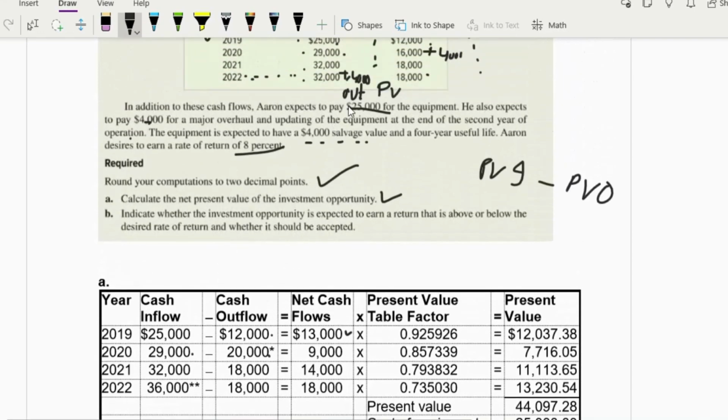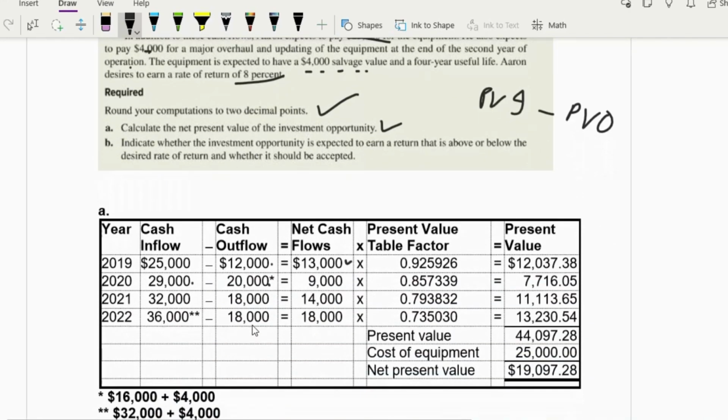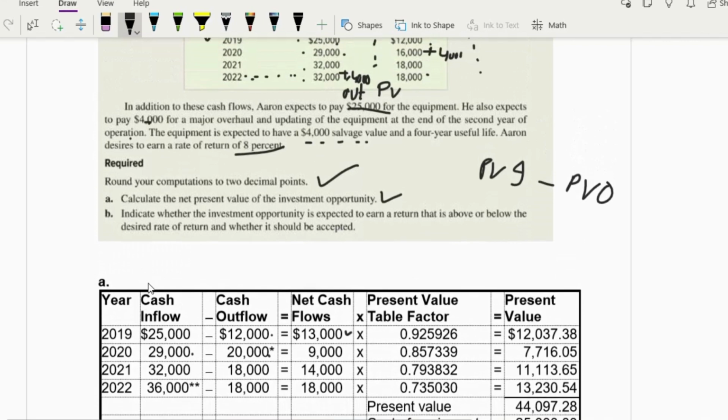Why 20,000? Because if you remember, we added the maintenance in this. Okay, and do remember, I have not considered the purchase price as outflow in the first year. Why? Because this outflow is at the end of the first year. It needs present value calculation, but the purchase price doesn't need present value calculation. So that's why we will be handling it at the end.